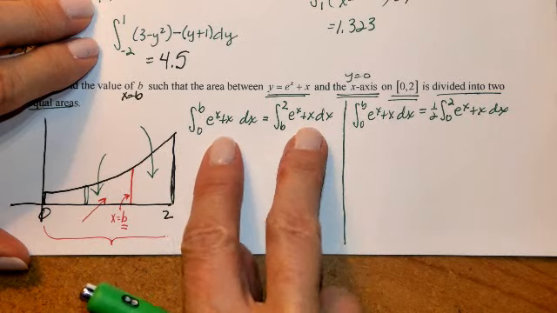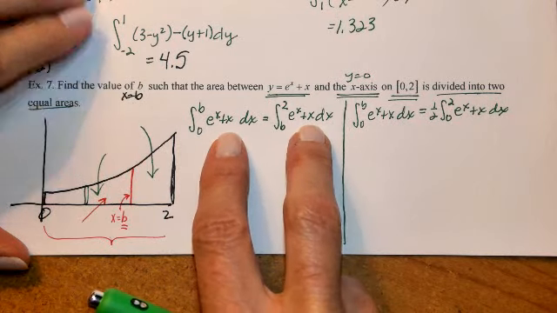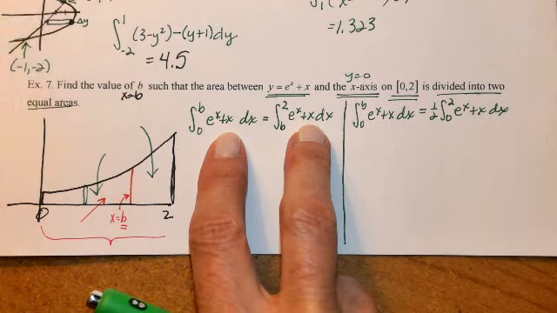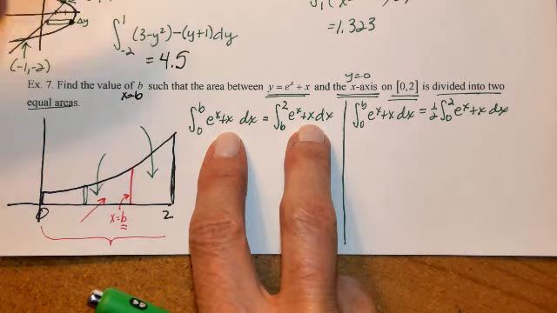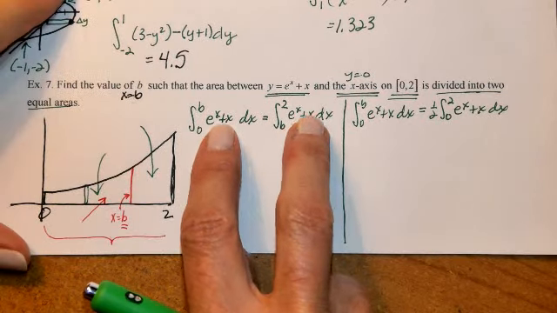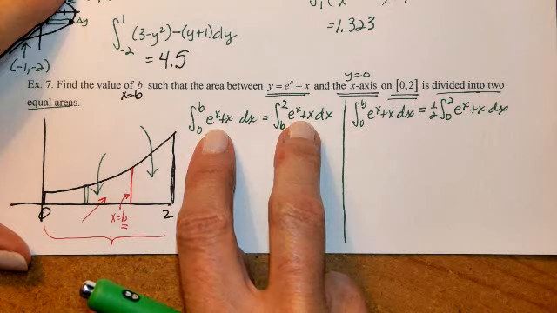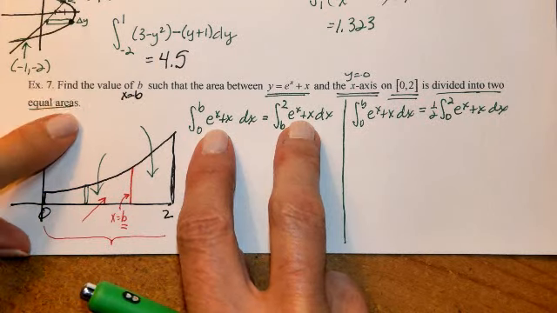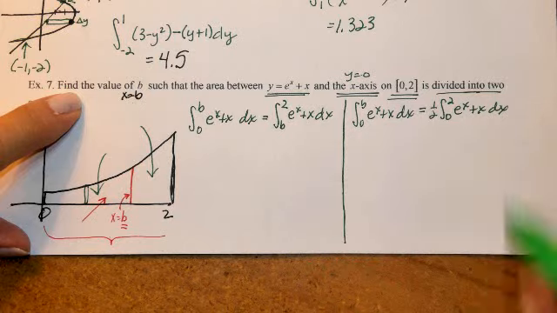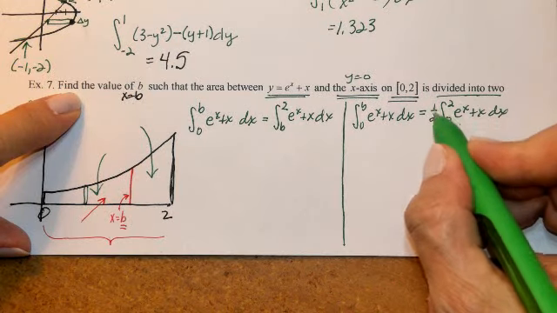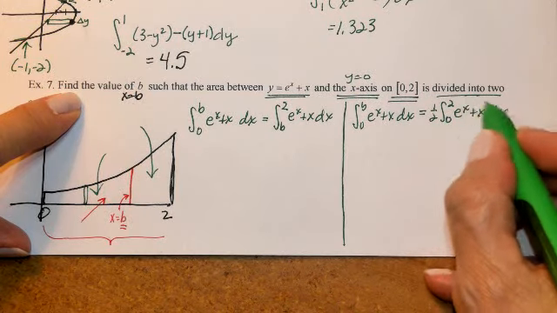I like this when the instructions say just to set up but do not evaluate an integral equation that gives the value of b. I like that way. Okay, but since we actually here have to find b, I think I'm going to do it this way. Why? Because I have a calculator and I can actually use my calculator on that.